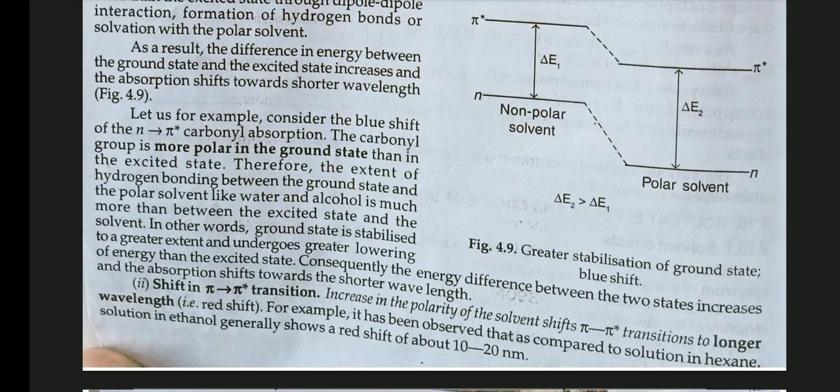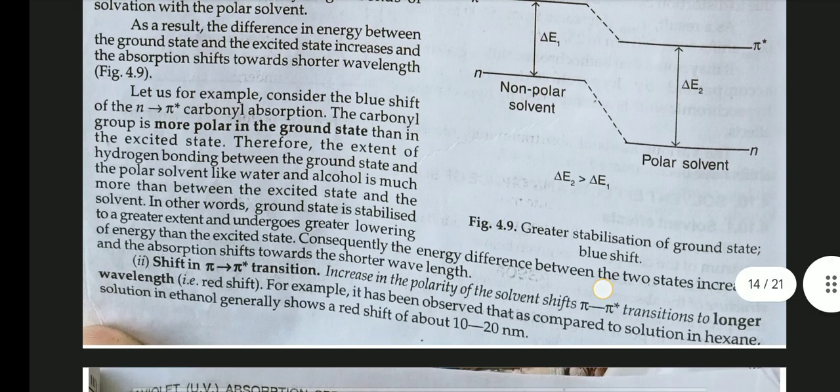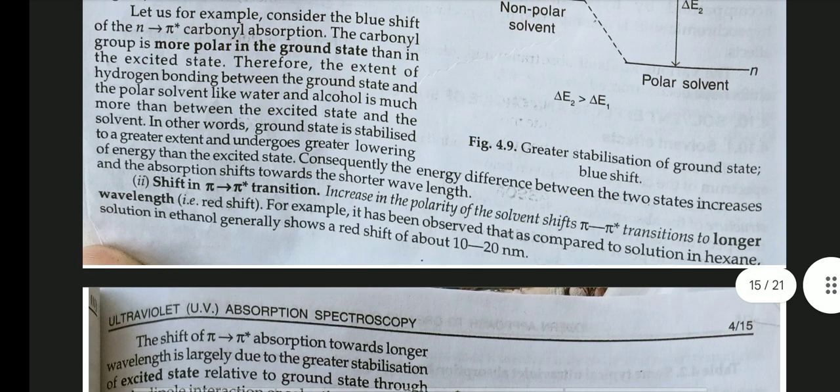The carbonyl group is more polar in ground state than in excited state. Therefore, the extent of hydrogen bonding between ground state and the polar solvent like water and alcohol is much more than between the excited state and the solvent. In other words, ground state is stabilized to a greater extent and undergoes greater lowering of energy than the excited state. Consequently, the energy difference between the two states increases and absorption shifts towards the shorter wavelength.